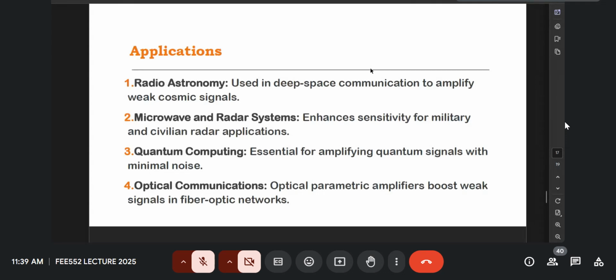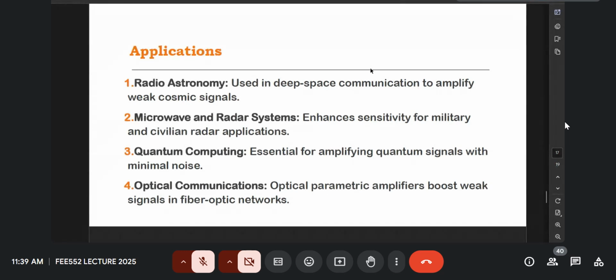Then we also have them applied in microwave and radar systems, to enhance sensitivity for military and civilian radars. This is to catch these very low level signals and process them.